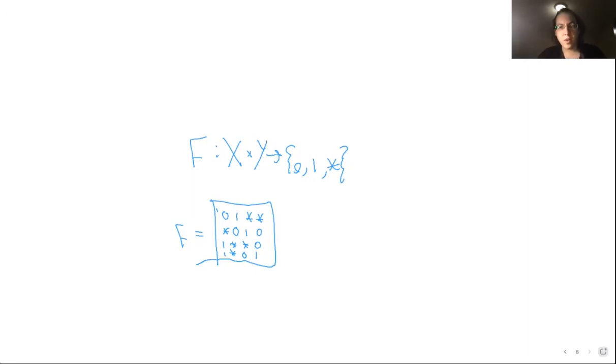Another thing to note is that I have in the notes a description of how composition works in communication complexity.